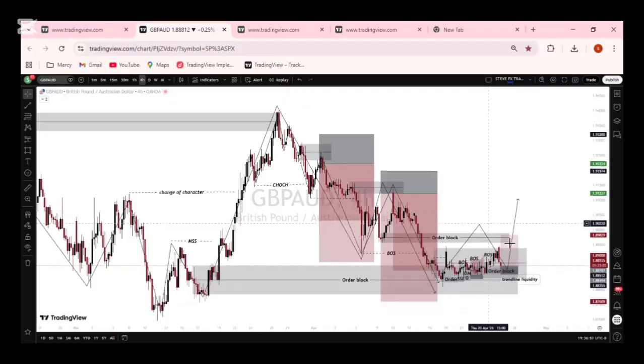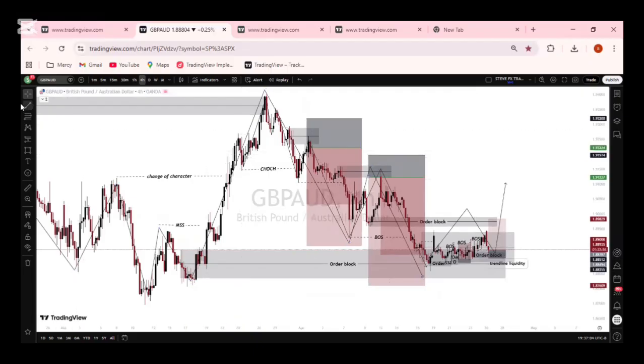So the probability that market might be changing direction to a bullish market is very, very high. So although we are having a break of structure, we are reacting to a higher time frame point of interest.